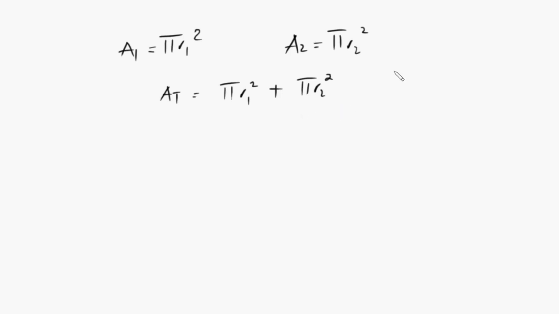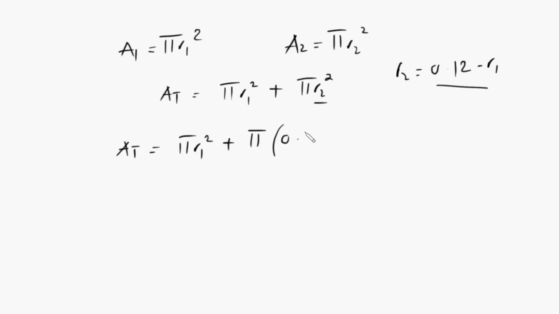I need to remove one. Remember r2 is equal to 0.12 minus r1, so instead of R2 here, I'll put this. So A total is now equal to pi R1 squared plus pi times (0.12 minus R1) squared.